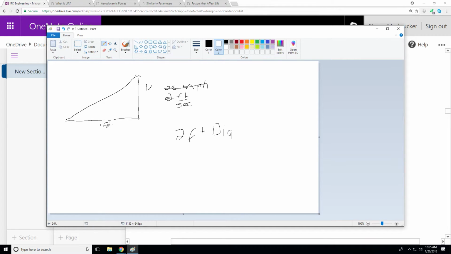2 feet diameter, so 1 foot radius. So we have 2 pi r, which is radius, times the number of rotations, let's say 10 RPM.